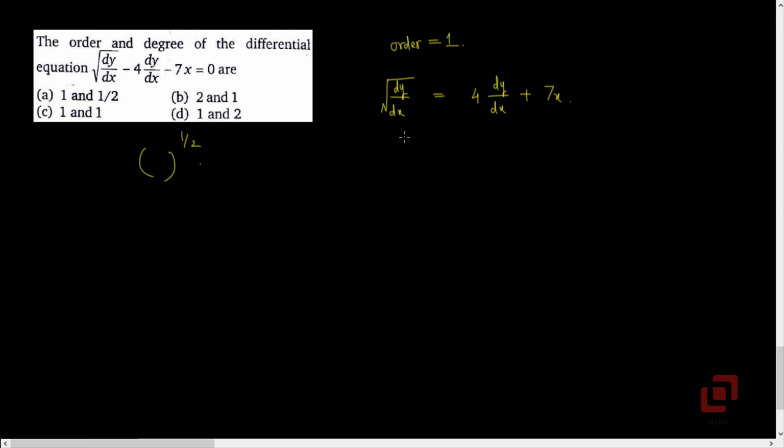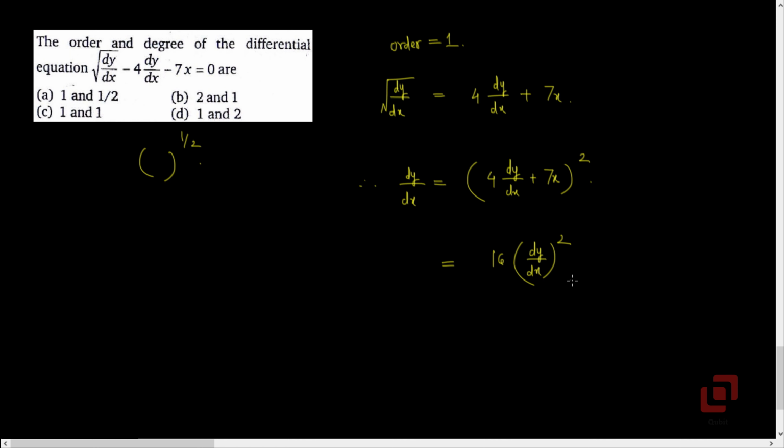To get rid of the root sign, we now square both the sides, which will give us dy by dx as square of 4 into dy by dx plus 7x. Now observe that when you expand the right hand side, the first term is going to be 16 times square of dy by dx.